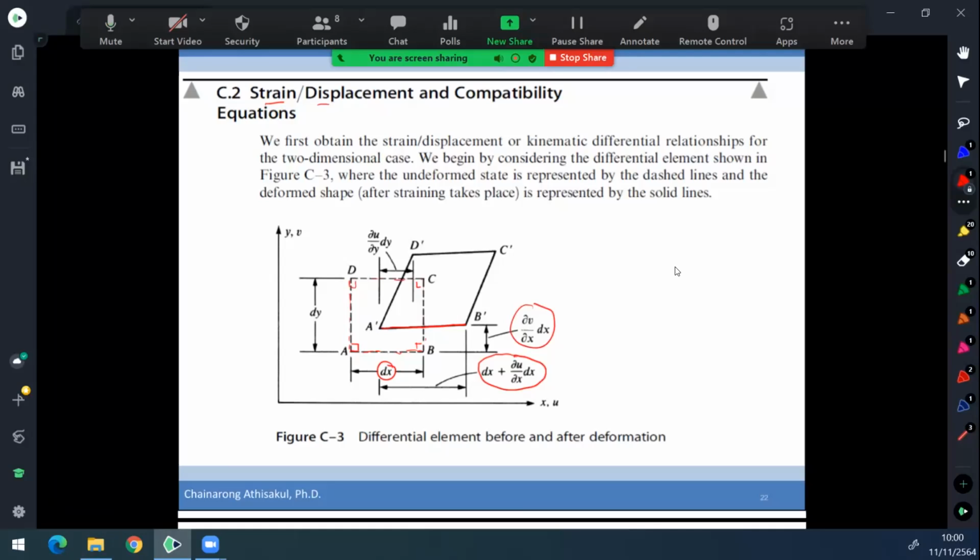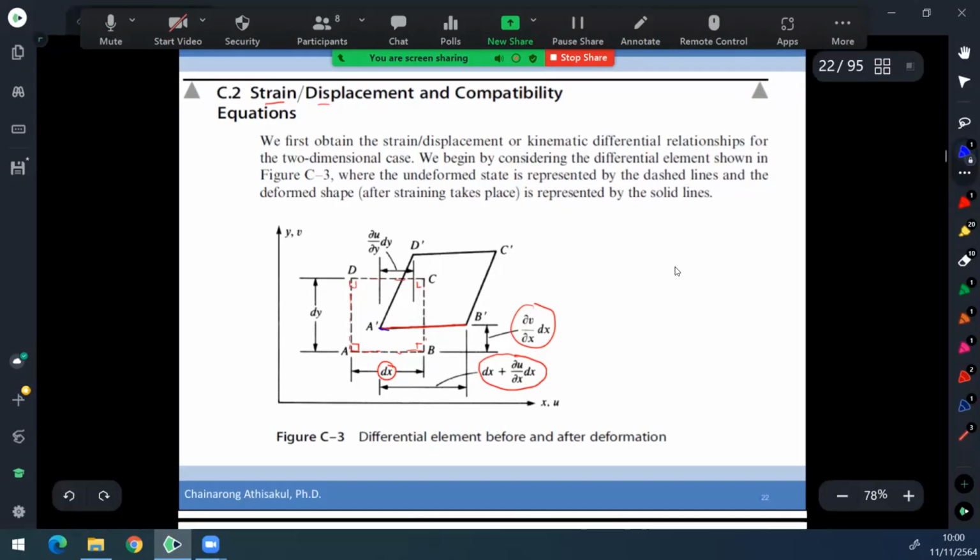Actually, I think the picture from the text is a little bit not correct for this line. Actually, it should be just this. I may redraw. This is the deformed shape, and this is the undeformed shape.